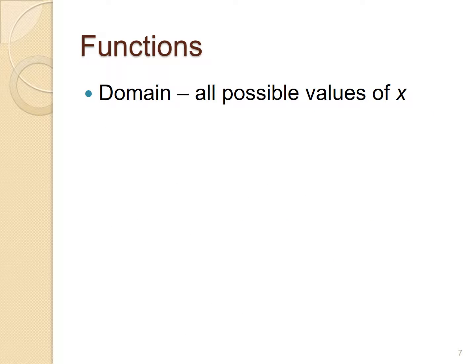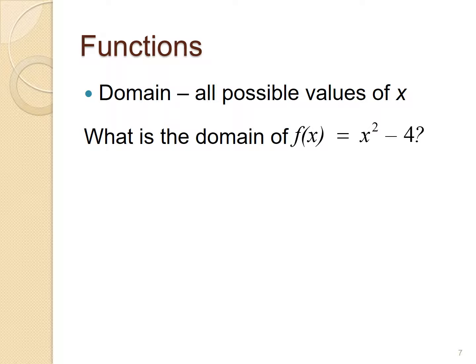Now, working with functions, we talk about domains and ranges. The domain is all of the possible values for x, the values that you could put into the equation. So if we look at this, what values could we put into this function? f of x is equal to x squared minus 4.